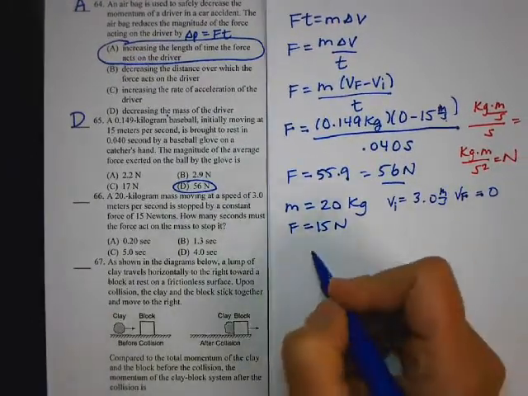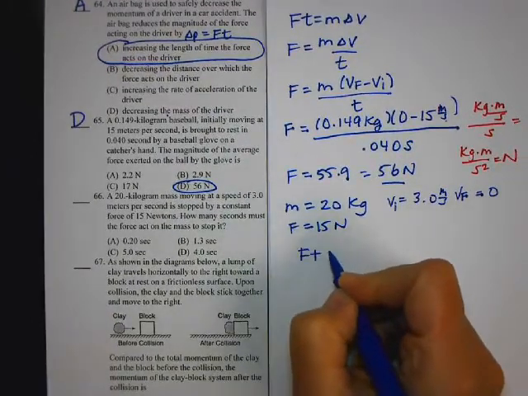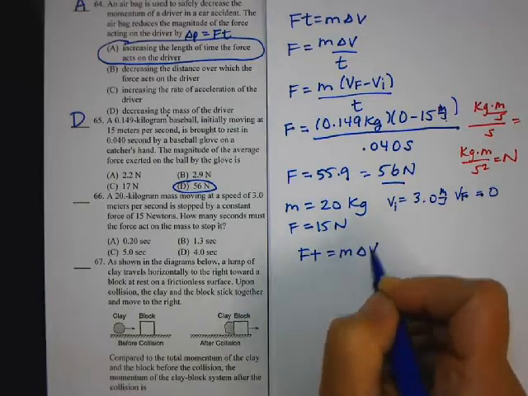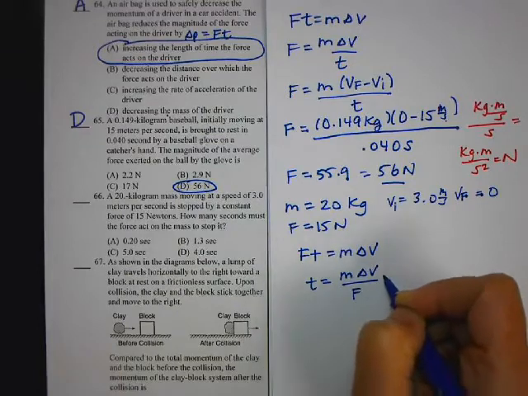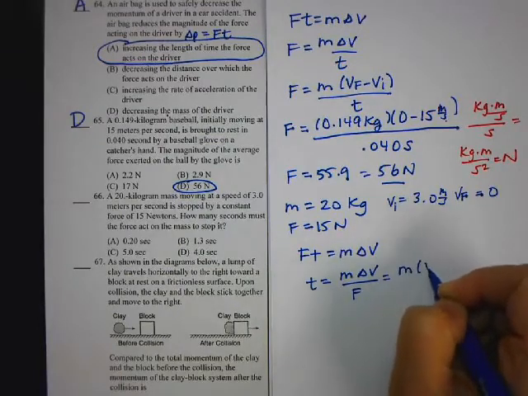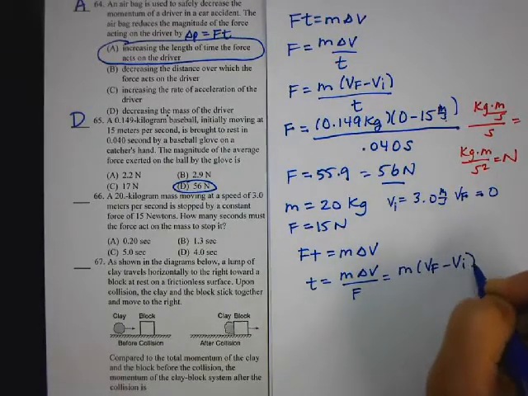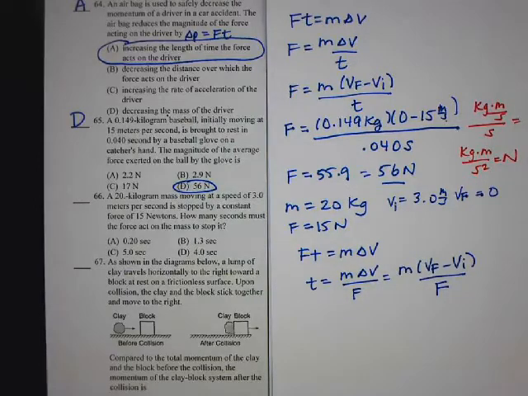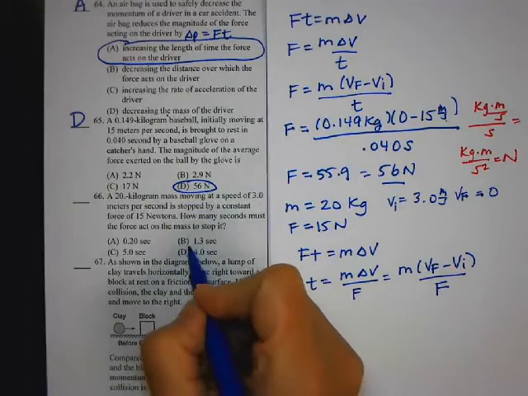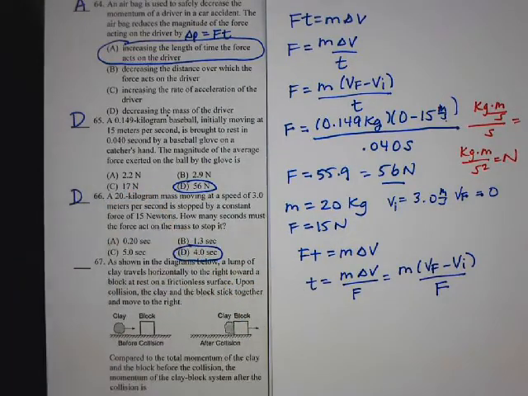So Ft is equal to m delta v. So T is equal to m delta v over F. So it's m (Vf minus Vi) over F. And when we do all that, you can do the math yourself. We end up getting 4 seconds. So you just have to substitute in the values.